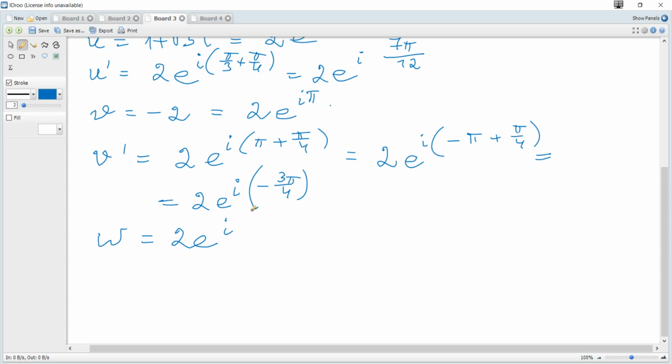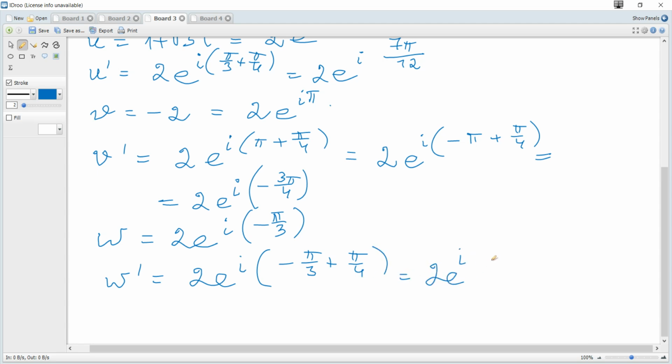I will write negative pi over 3, and W primed becomes 2 e to the power i (negative pi over 3 plus pi over 4), which with 12 as the common denominator is negative pi over 12.